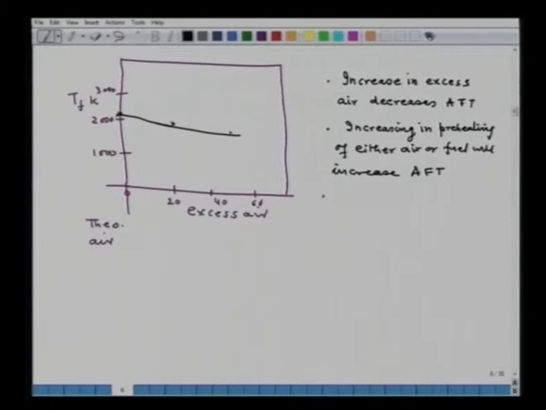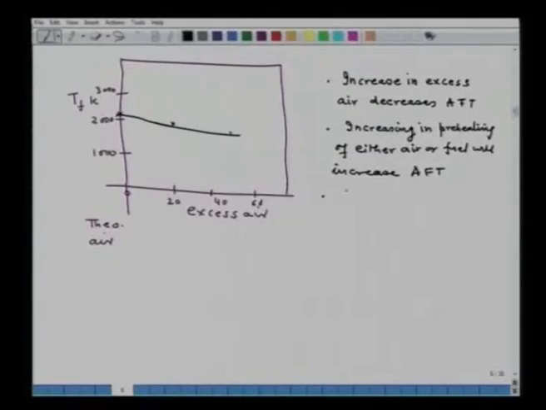You can also think that if you enrich air with oxygen, conceptually what you are doing is removing nitrogen and enriching with oxygen. As a consequence, less heat will be taken out by the products of combustion through nitrogen, and the adiabatic flame temperature has to increase with the increase in oxygen enrichment of air.